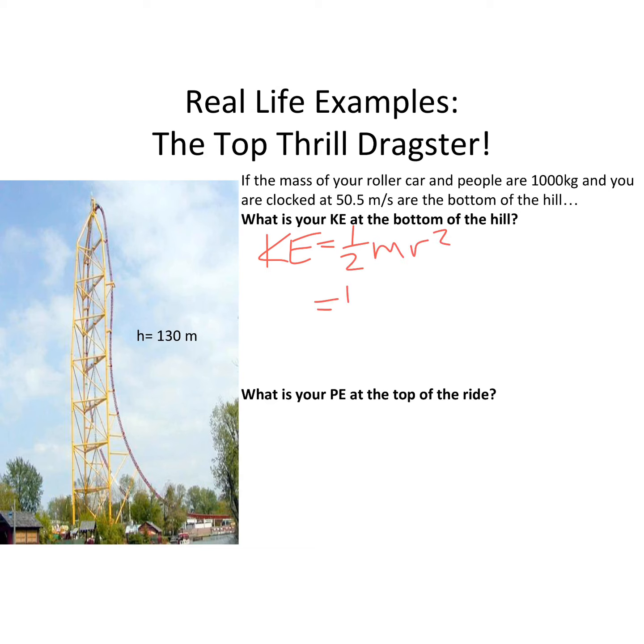That's 1/2 times 1,000 times 50.5 squared. Let's plug it into our handy dandy calculator: 1/2 times 1,000 times 50.5 squared gives me 128. I'm going to round my last zeros.